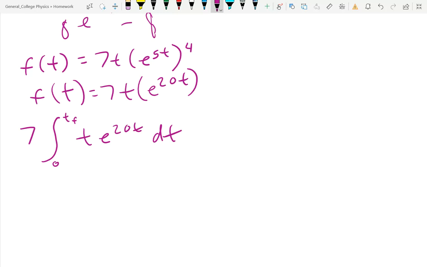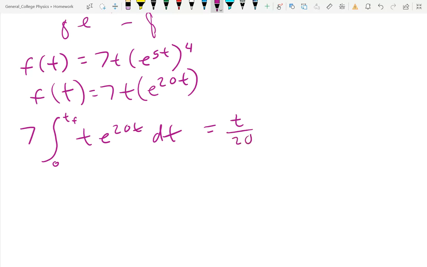And so we can, keeping the chain rule in mind, this 20 would have had to come down and make this 1 down here. So we have it equal to t over 20.